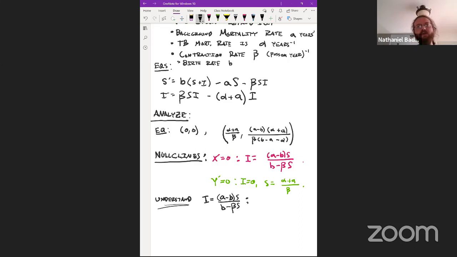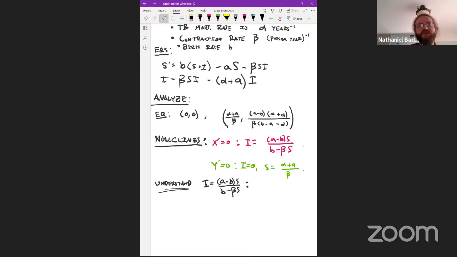So first, whenever you look at a rational function like this, what should you ask yourself? If you think back to high school, to algebra 2, whenever you're given a rational function, what should you look for?